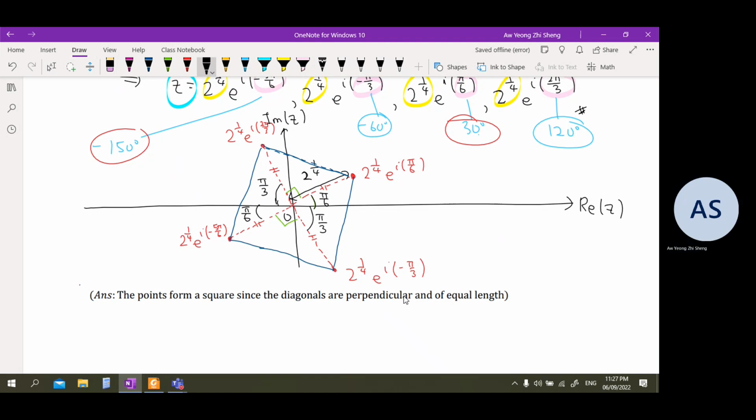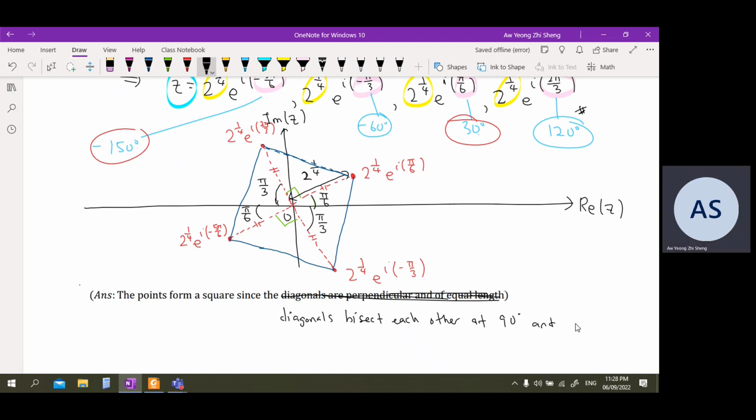Okay, I think to make this justification more complete, let me just modify it a bit. Okay, since the diagonals bisect each other at 90 degrees, and have equal length.